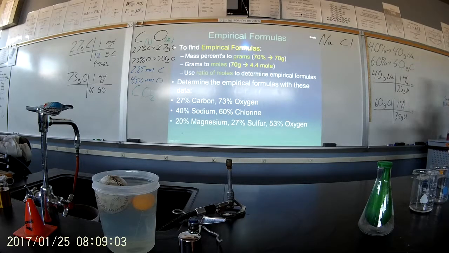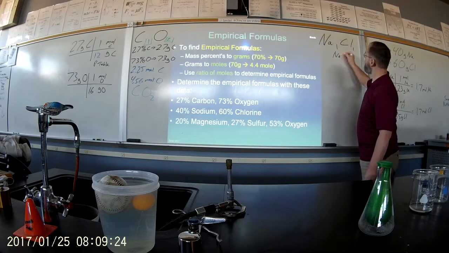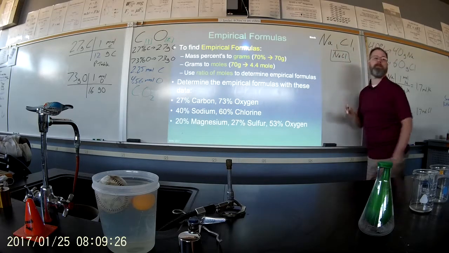So what does that give us for moles of sodium? 1.7. And for moles of chlorine? 1.7. So like I said, you probably already figured out that the ratio here is 1.7 to 1.7. So it's 1 to 1. Or our favorite, put it on your French fries, sodium chloride.